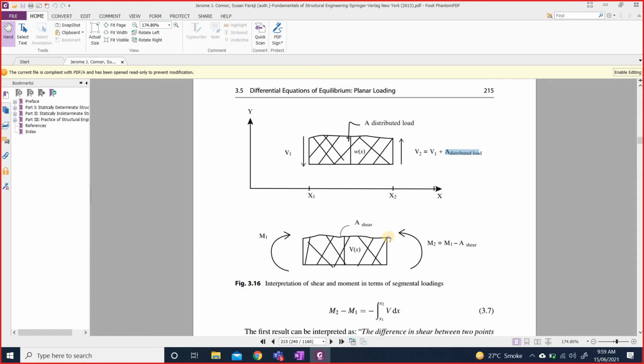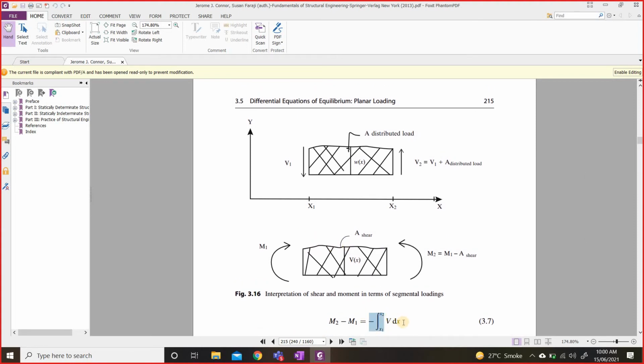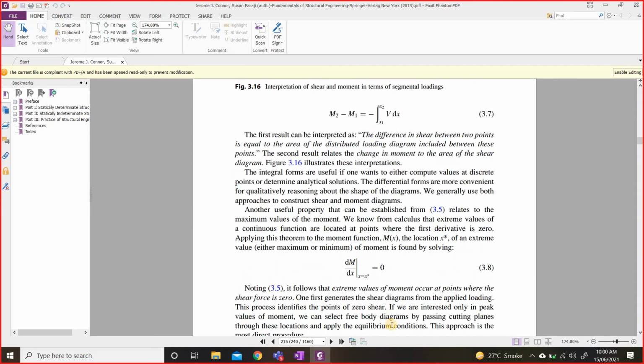So you just need to know the area of the shear diagram between these 2 points, and you can get the difference between m2 and m1 by just changing the sign of that area. If the area is positive, this will ultimately become a negative answer. So it depends upon the area. We will see the applications in a while.